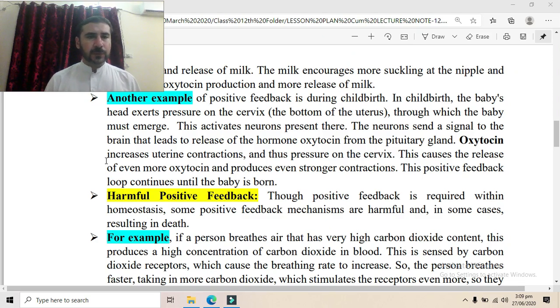The signal will again be transmitted to the brain. The contractions will increase slowly and gradually, and this message will again be transmitted to the hypothalamus. Then further oxytocin will be released by the posterior pituitary lobe, and as a result further contractions will increase. These are called labor pains. So the labor pains will increase until the birth of the baby.